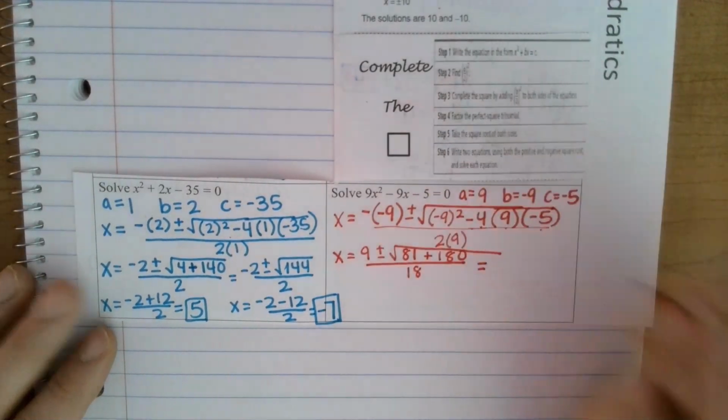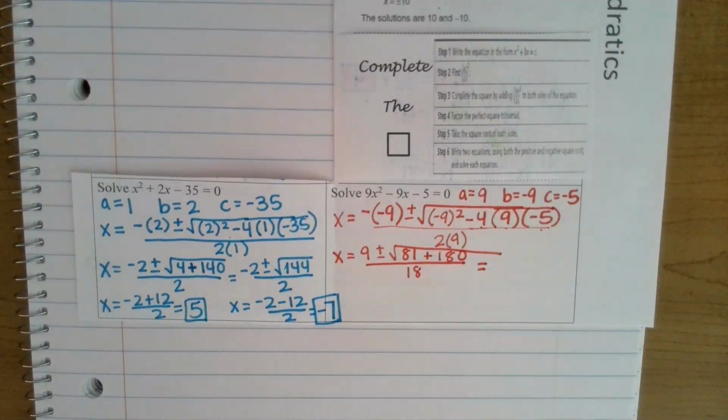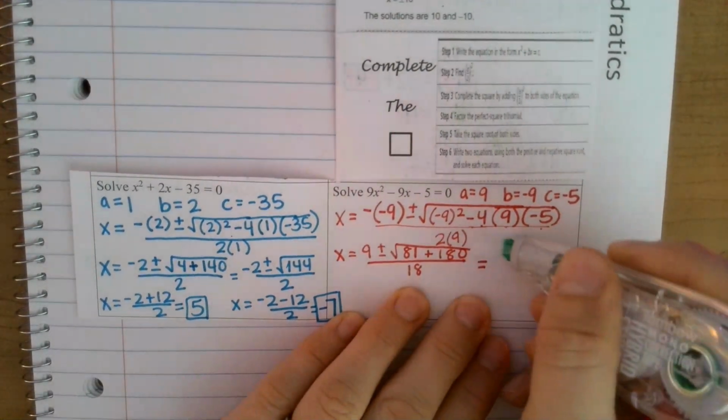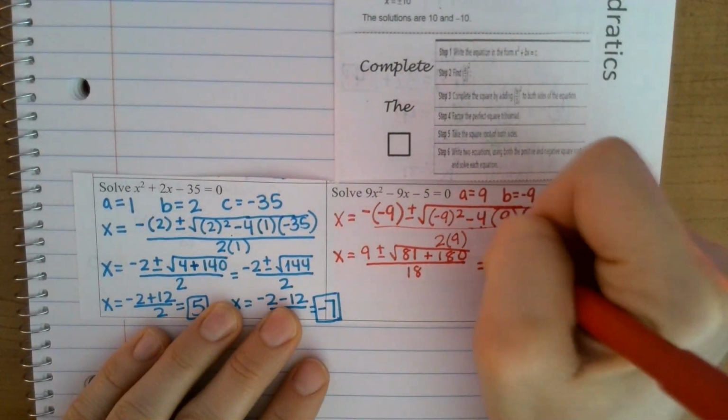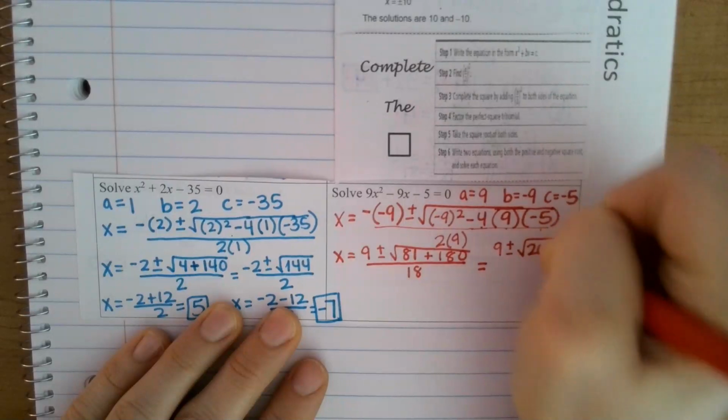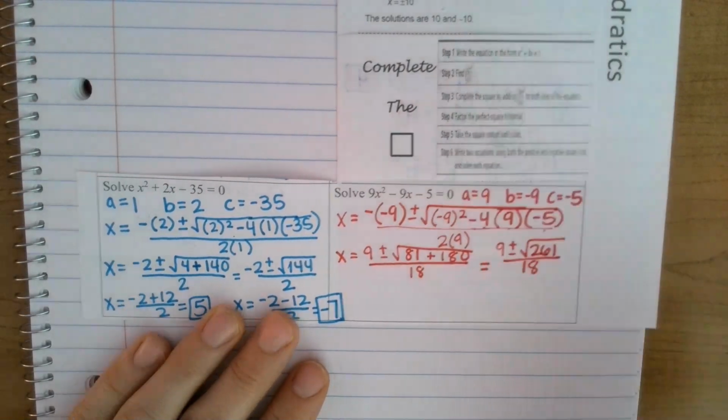All right, then simplify under the radical. What is 81 plus 180? 261. So 9 plus or minus the square root of 261 over 18.